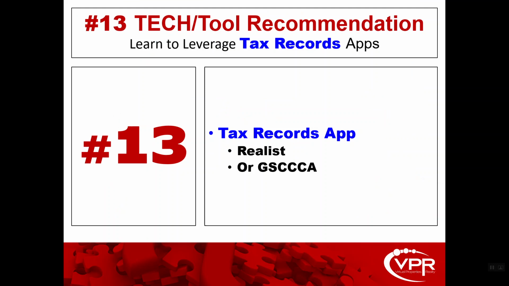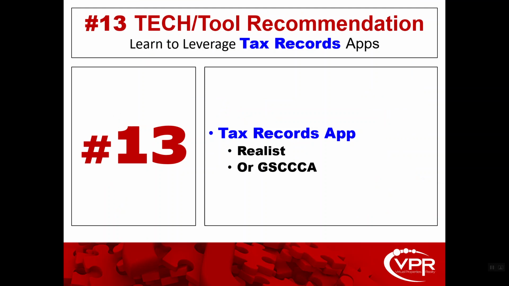Now, I have GSCCCA below that. That's a subscription that's free to you, but not free to Virtual Properties. It's a subscription that we're paying for that helps you obtain a good legal description, because sometimes we can't get that through any other means, not even through Realist.